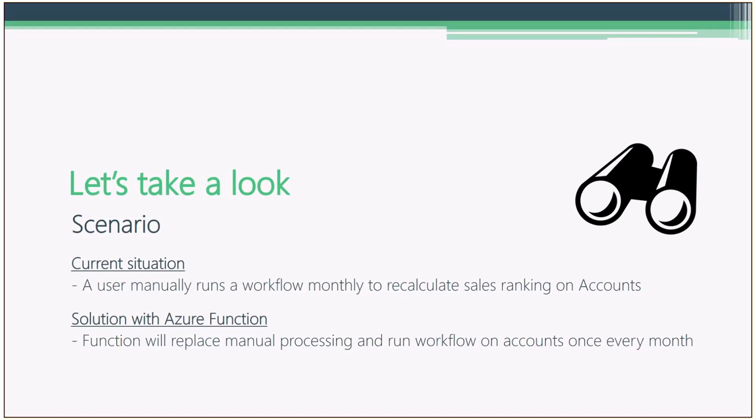Instead of having that manual process that happens every month by a person that may forget, may not do it at the right time, may not consider all of the records, let's use an Azure function that is going to run at the same interval, but is going to do the job instead of that person. That's the scenario we're going to run with, and I'm going to flip over to demo mode now, and we'll build the entire function from the ground up and see how things are connected and work with one another.